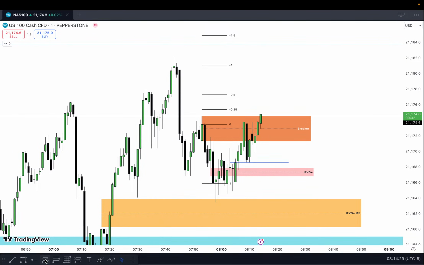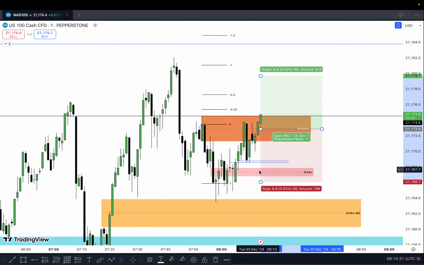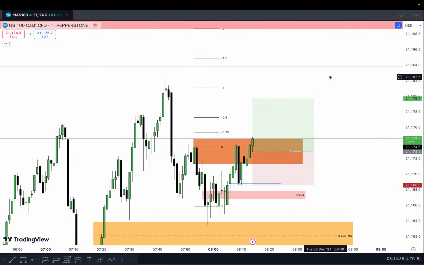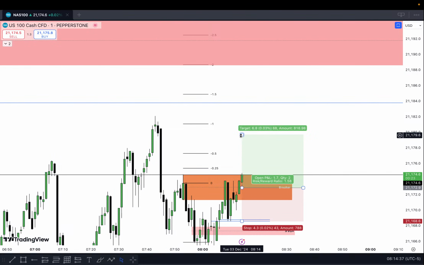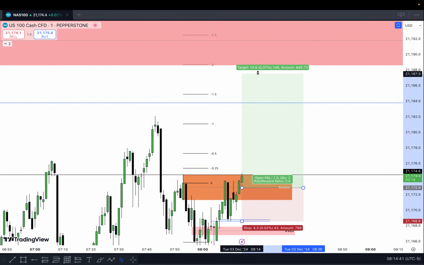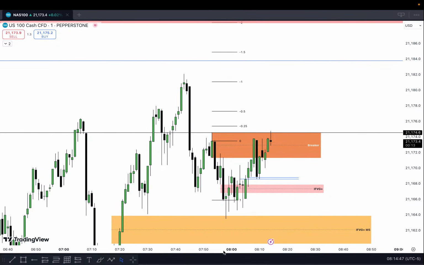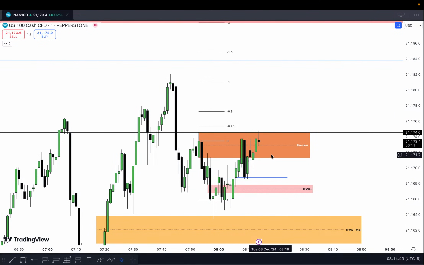We can use it from here, protecting this down close candle, targeting the highs 1 is to 2.5, and then above it that will be 1 is to 3.7. Okay, the best case will be we close above the breaker and then come back again to that gap.